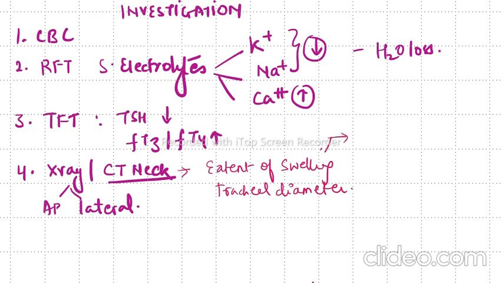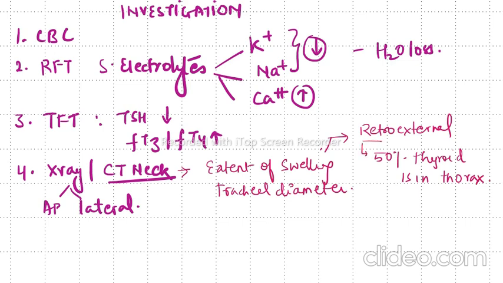Okay, by extent, we mean retrosternal extension. What is retrosternal? When 50% of the thyroid gland is in the thorax.